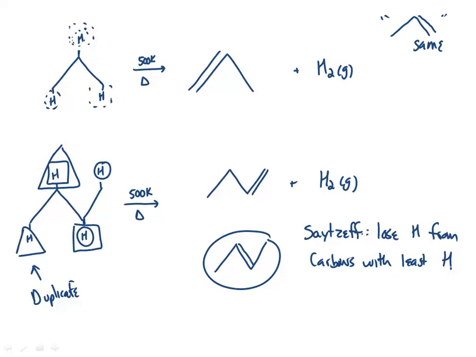And so the two middle ones, there's only two hydrogens on each one, so we lose that one. So we remove the hydrogen from the carbon with the least number of hydrogens. And so we would favor this one.